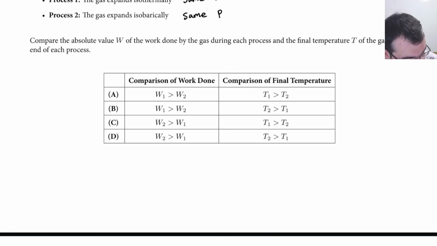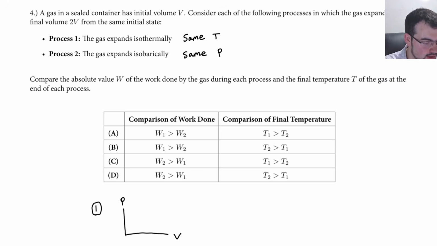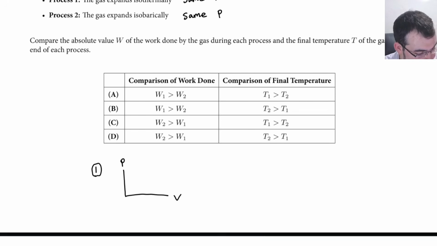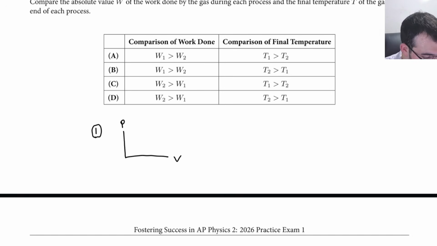So let's try to draw both of these on a PV diagram to visualize. So first, for our process 1, this is probably the harder of the two to draw the isotherm for, but first we're just expanding from a volume V to 2V. We should know that an isothermal curve just sort of looks like this. An isotherm looks like that, whereas in case 2, we have an isobar.